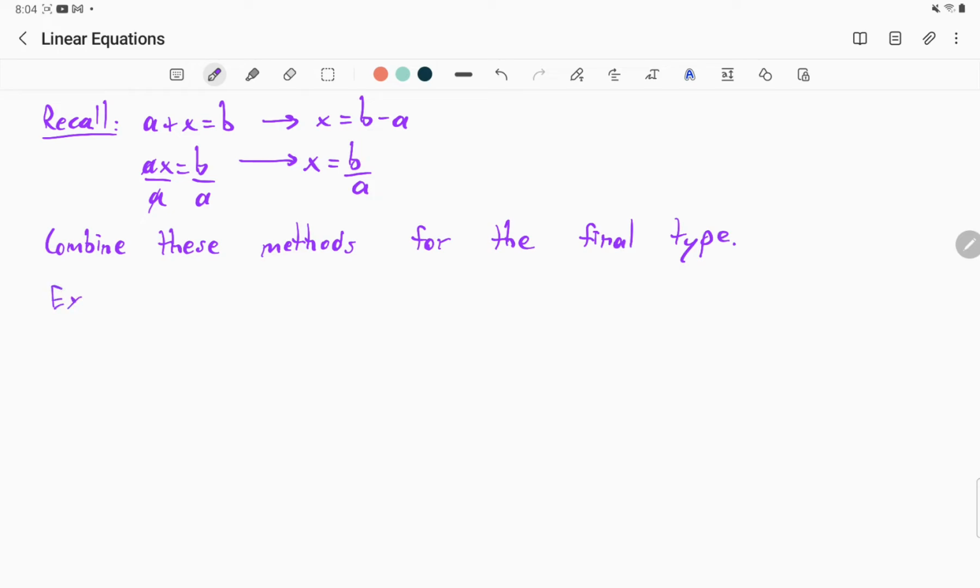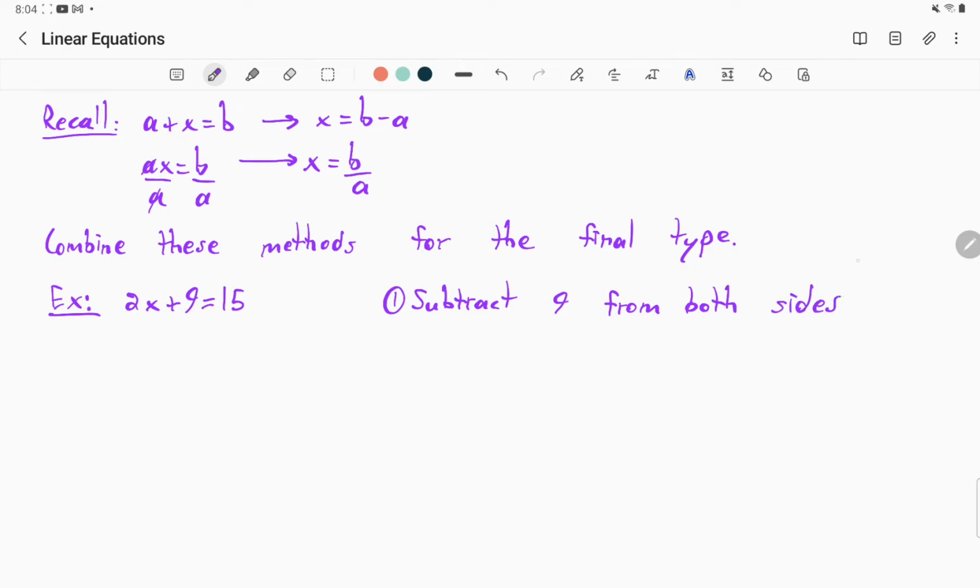So for example, we have 2x plus 9 equals 15. In this situation, that's our a, that's our b, that's our c. So step 1, subtract 9 from both sides of the equal sign.